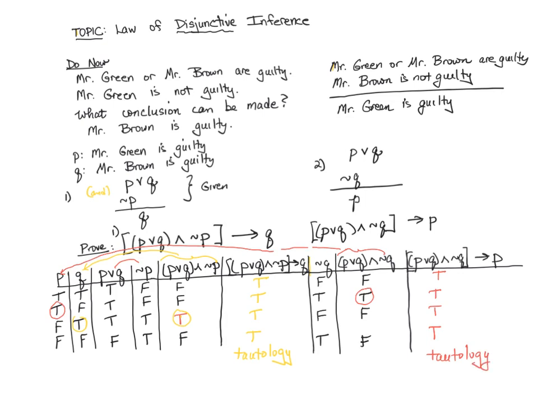So now let's state the law of disjunctive inference formally. The law of disjunctive inference is a theorem, and we just did that by proving that we have a conditional that forms a tautology.